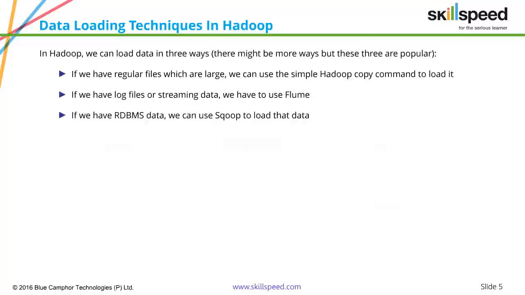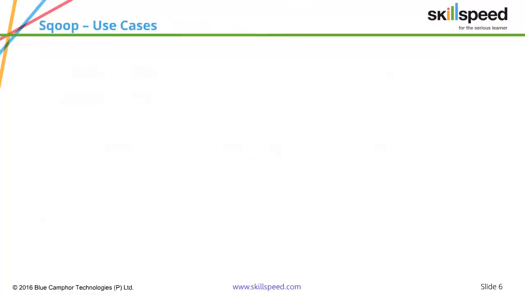Or if you have 1 terabyte of data which is a fixed file, and you want to copy that, you will go ahead and manually copy it. However, whenever there is an RDBMS and you want to copy the data, then the tool Sqoop is the best one.